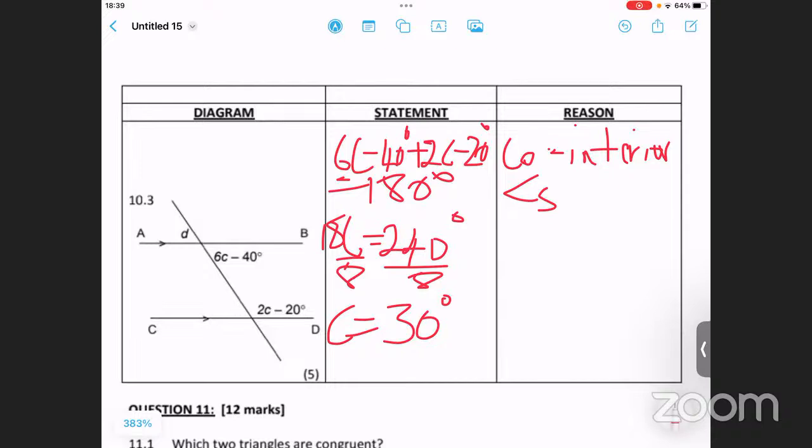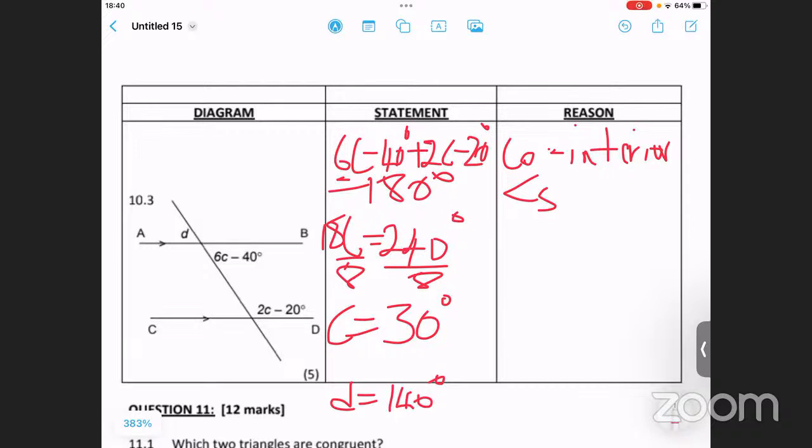Then I say D is equal to my angle, which was 6c minus 40, which I say is 140 degrees. Vertically opposite angles are equal. You say your D is equal to 140. Yes, vertically opposite angles are equal.